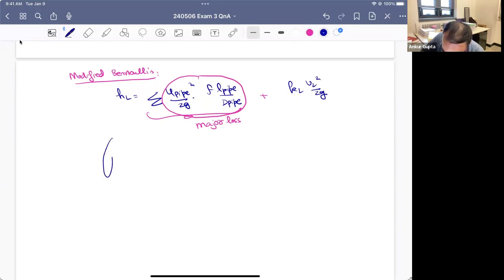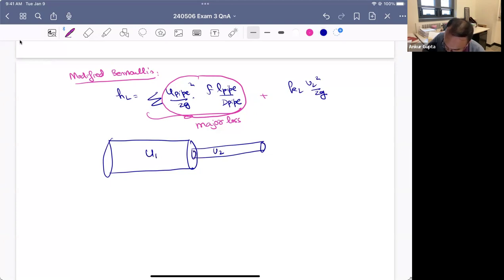If I have a pipe like this and a pipe like this, let's say this is U1, this is U2, with lengths L1, L2 and diameters D1, D2.